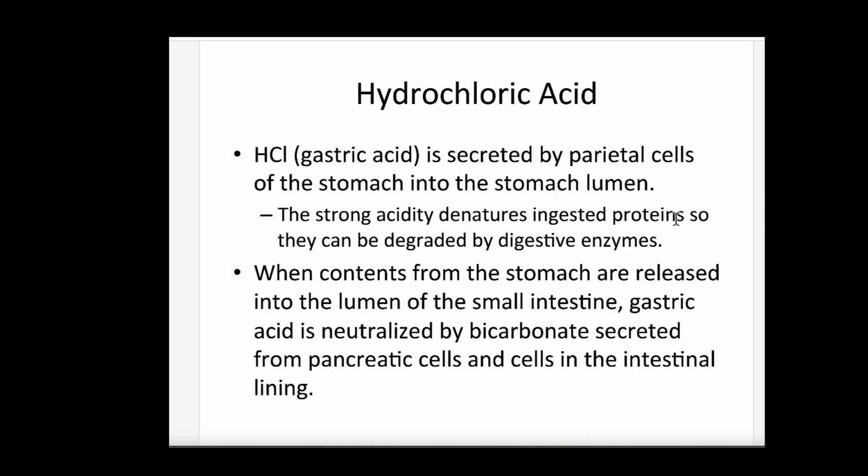When the stomach contents are released into the lumen of the small intestine, the gastric acid is neutralized by bicarbonate, which is secreted by pancreatic cells and by the cells in the intestinal lining. So hydrochloric acid is a very strong acid, and it's helpful in the denaturation of ingested protein. So this strong acid in the stomach is important for digestion.